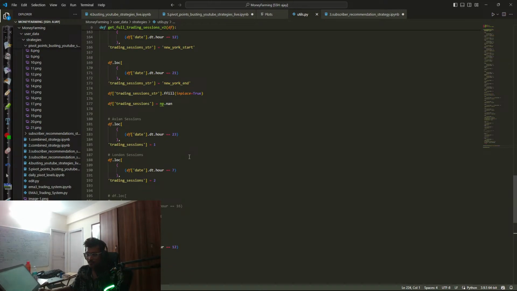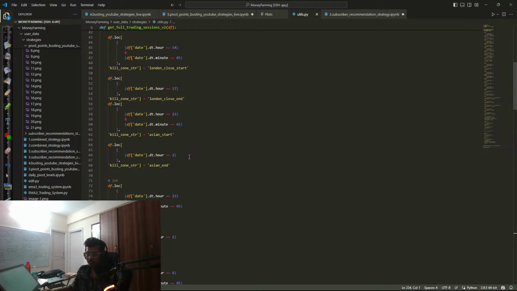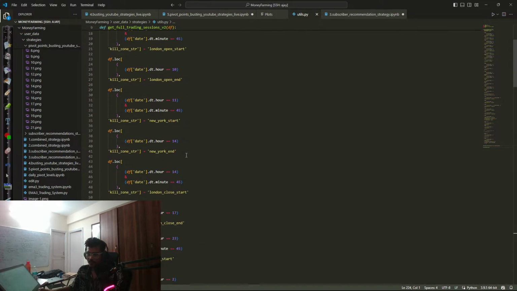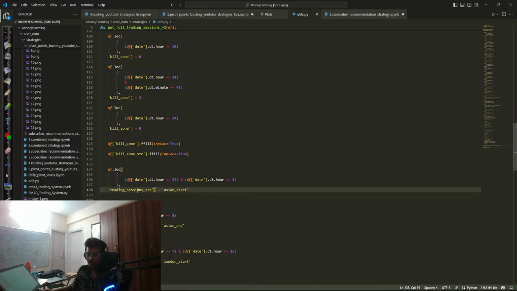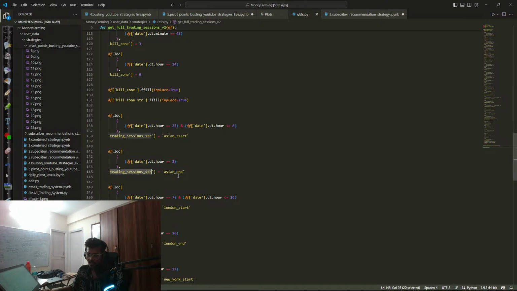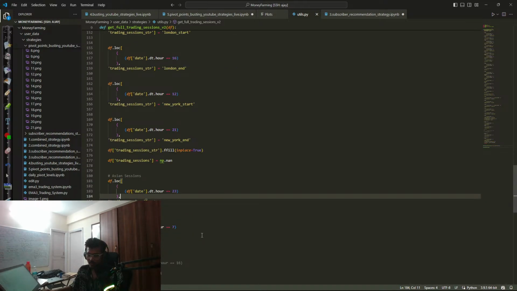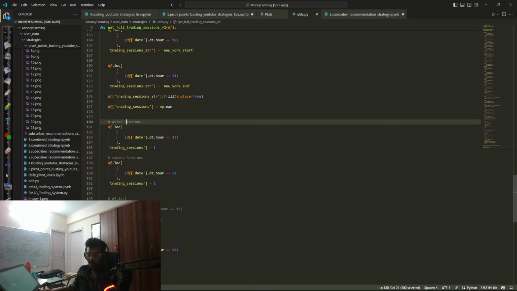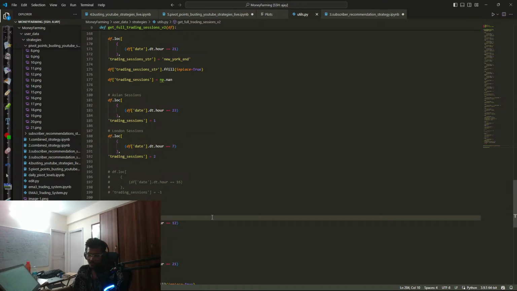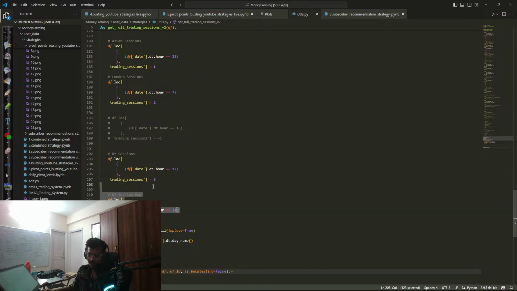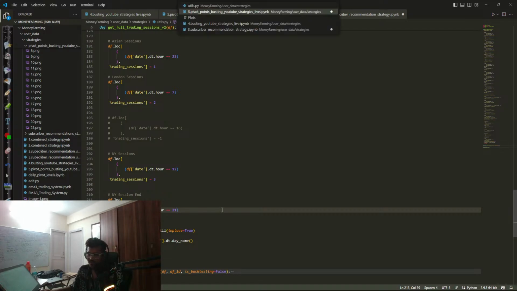So this is the trading session. In the string we're gonna see if it's Asian start, Asian end, or whatnot. If it's 1, then it's Asian session. If it's 2, London session. If it's 3, then it's NY session. If it's 0, then the NY session has ended.